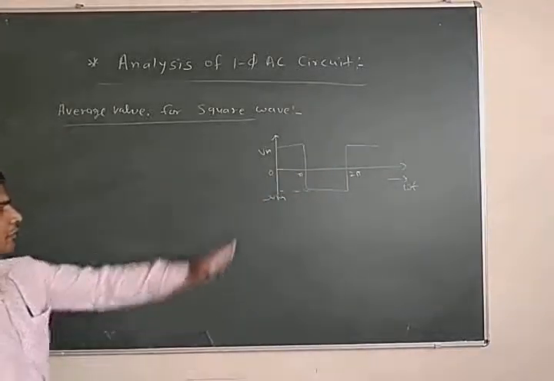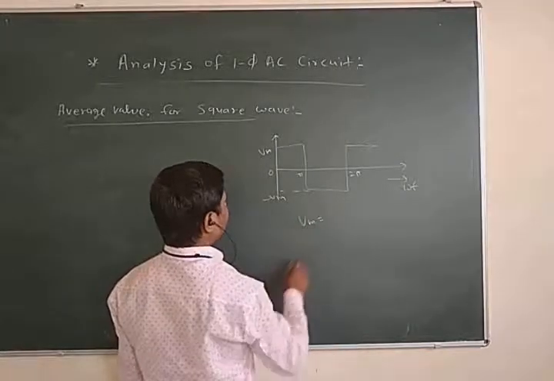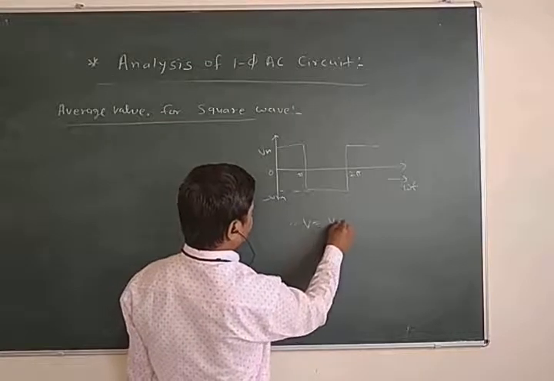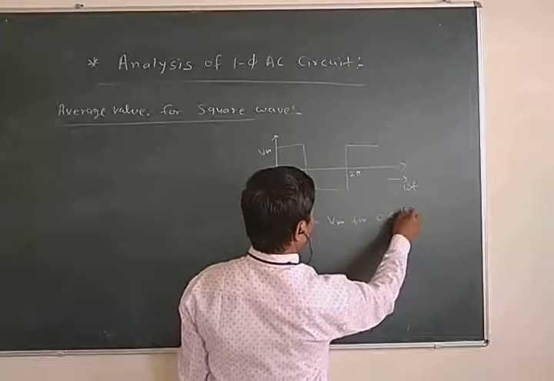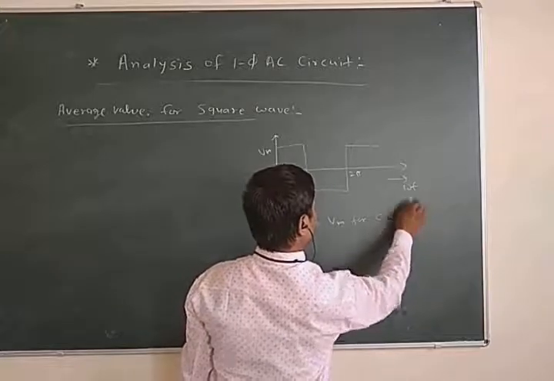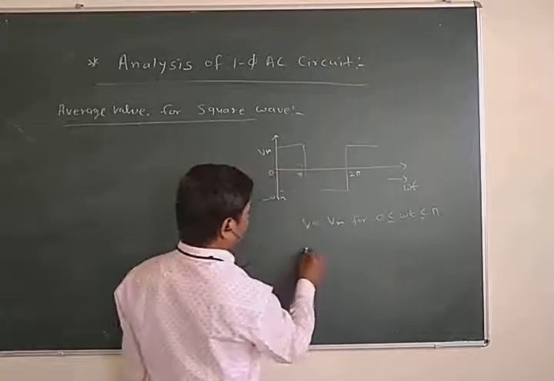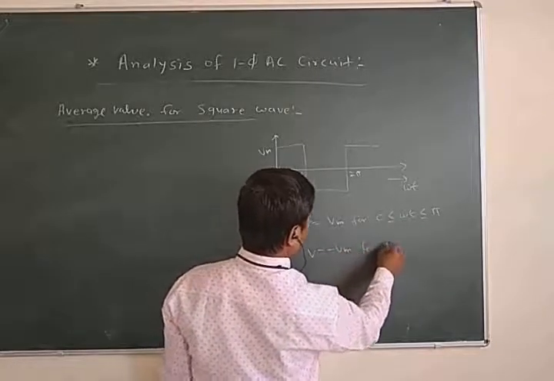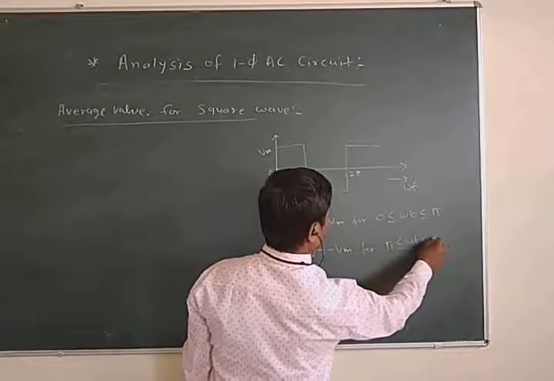For this type of wave shape, our function is V is equal to Vm for 0 less than omega t less than pi, or V is equal to minus Vm for pi less than omega t less than 2 pi.